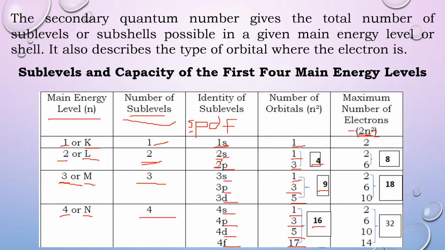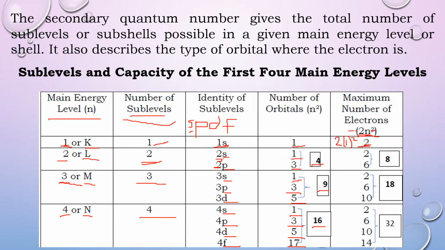Using this formula, you write 2, and then n, that is the energy level. Our energy level is 1, so 2 times 1 squared. 1 squared is 1, times 2 is 2.